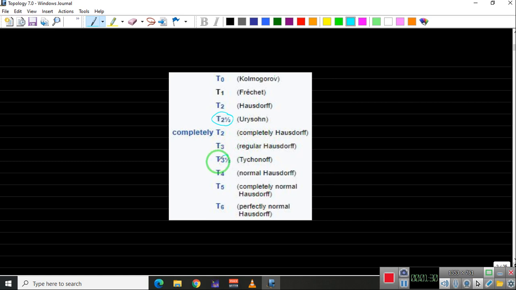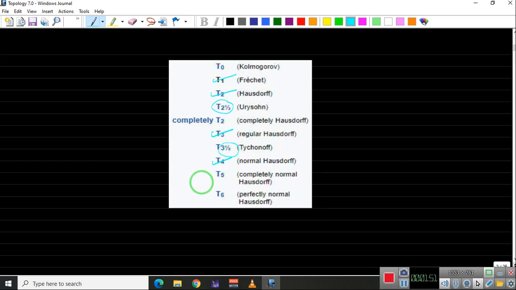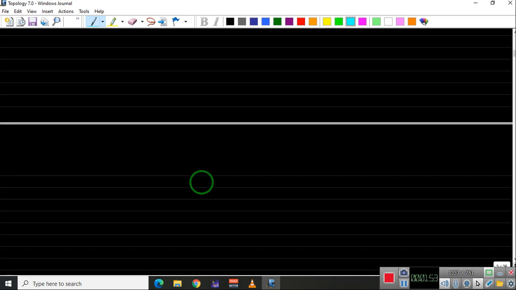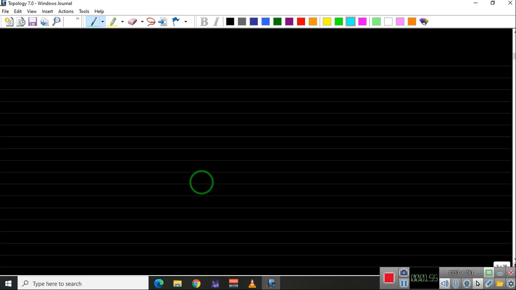Then when we have T3 and a half, it is Tychonoff space, T4 and so on. So we'll talk about this. We have already seen T1. Then Hausdorff spaces also we have seen. Now we will see what are T3, that is regular spaces, and T4, what are normal spaces, and some properties related to them. So let's first define what the definitions of these spaces are.